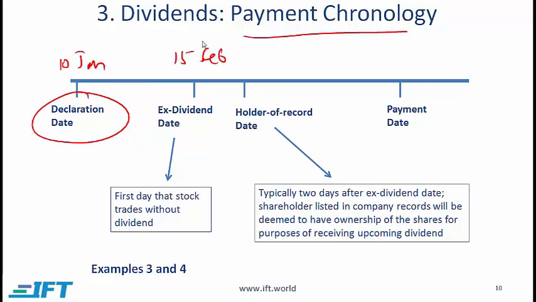If on average, or let's say just before 15th Feb, the share is trading for $30, and the company has announced a $2 dividend, then approximately the share will trade for $28 on the ex-dividend date. That's because somebody who buys the share on 15th Feb, which is the ex-dividend date, will not get this $2 dividend.